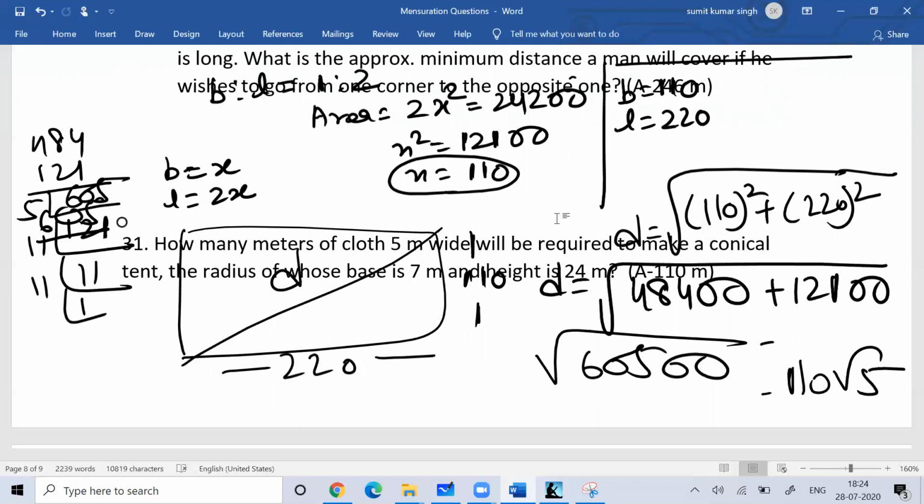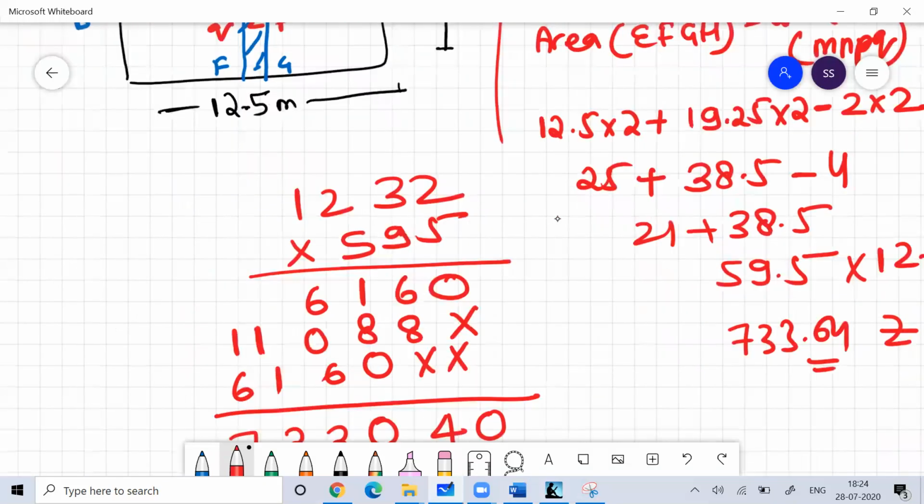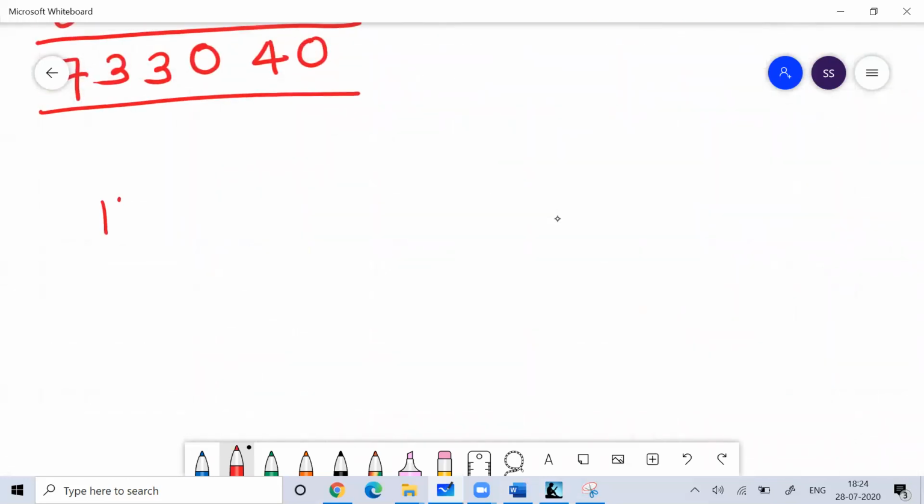So the root 5 value is 2.236, I think. If you want that value also, you can do that. So 110 into root 5, that is 110 into 2.246. Is it? Yeah, I think so.